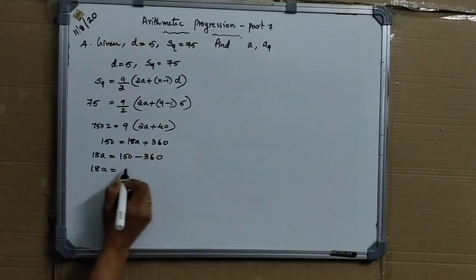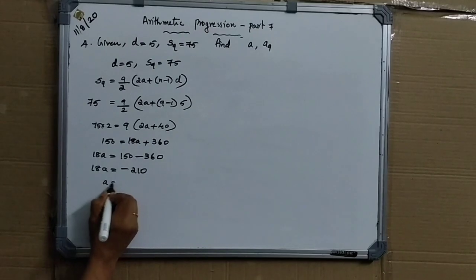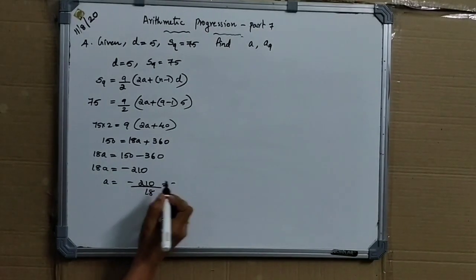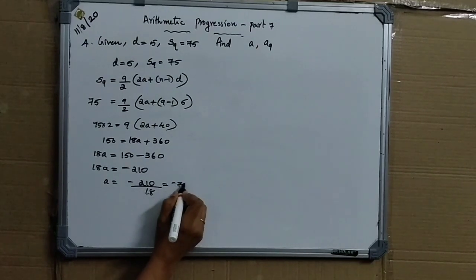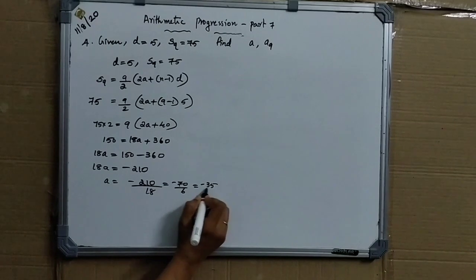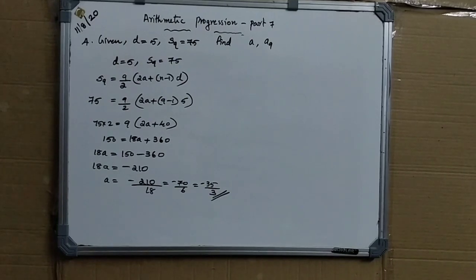So 18a equal to minus 210. So a equal to negative 210 by 18, that is negative 70 by 6. Again you can write it as negative 35 by 3. The first term a is negative 35 by 3.